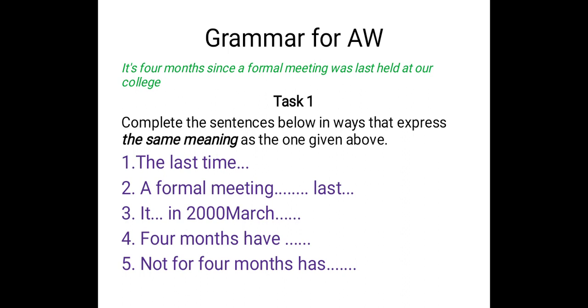Sorry for the misspelling. It is, it dash, in March 2020. So your sentence should start with that. Pause the video for 2 minutes and complete the task. After doing your task, you can continue watching the video.